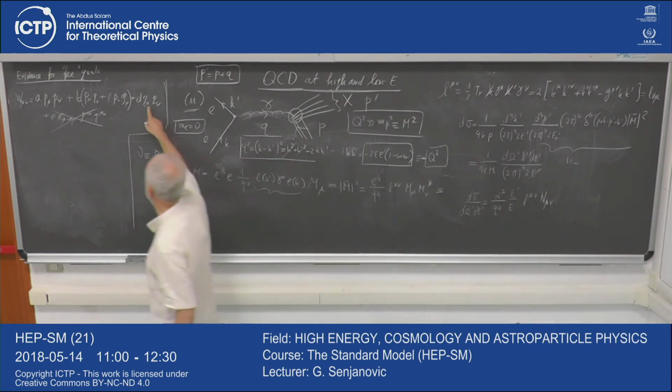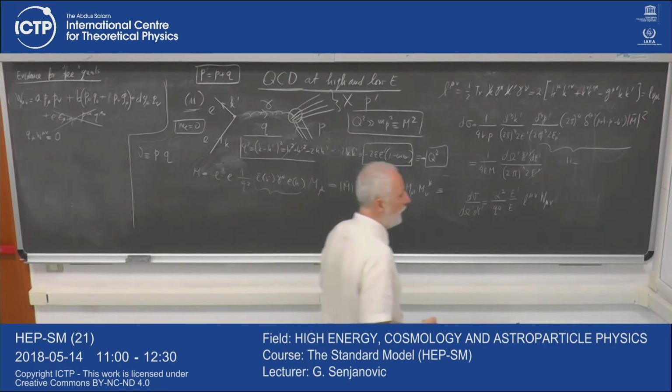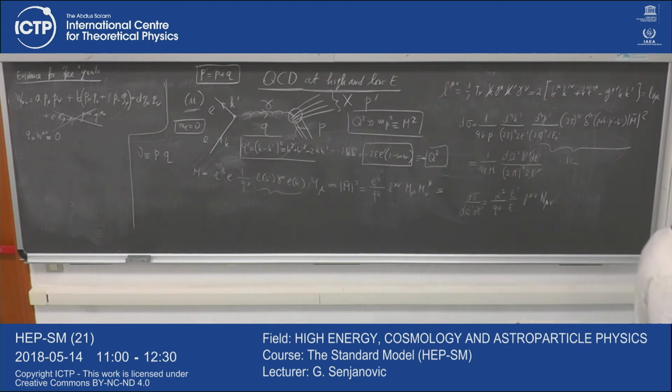So instead of five, I have 3 constants. But Q mu W mu nu must be 0. Conservation of current. Remember, it tells you that the amplitudes which you multiply with k mu vanish, with Q mu.